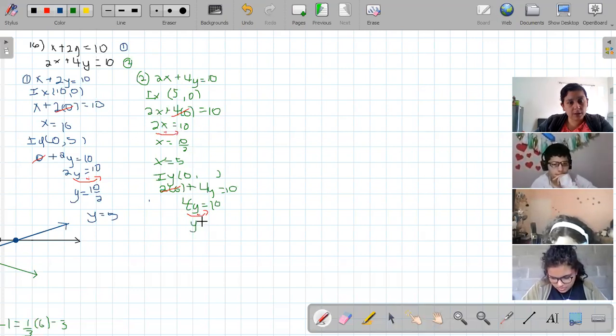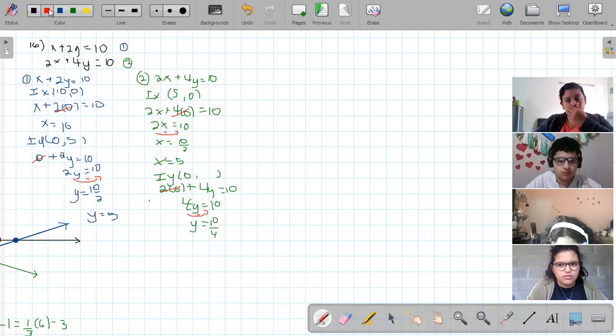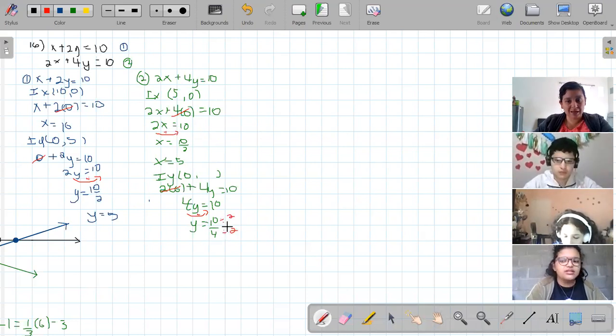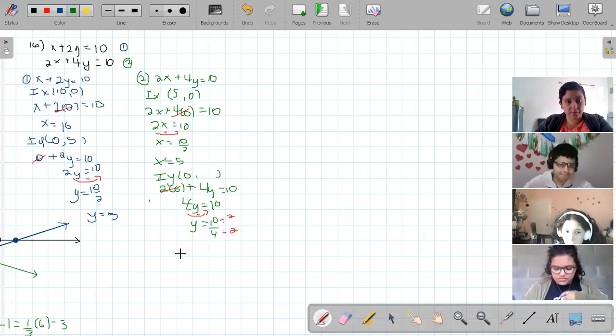So I have y is equal to 10 over 4. Can I simplify 10 over 4? I can simplify by 2. It is not an exact solution, but I can simplify it by 2.